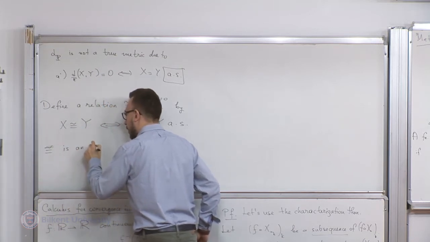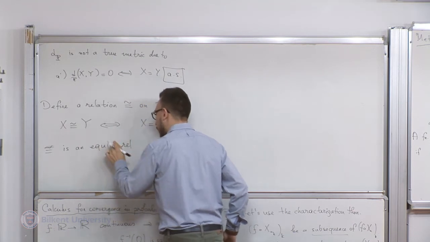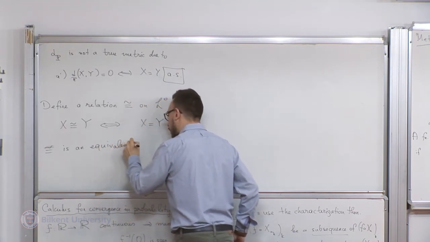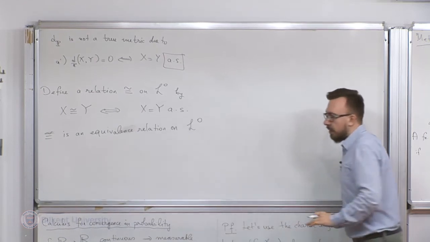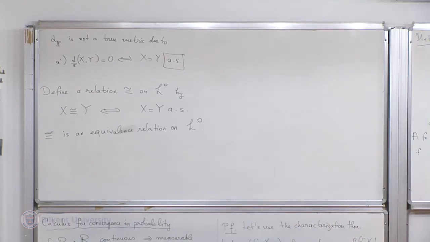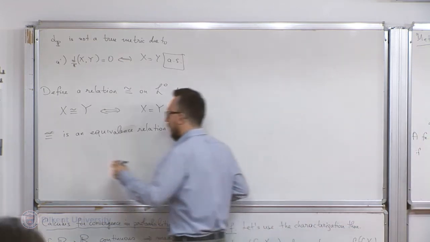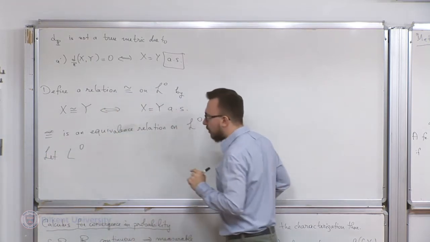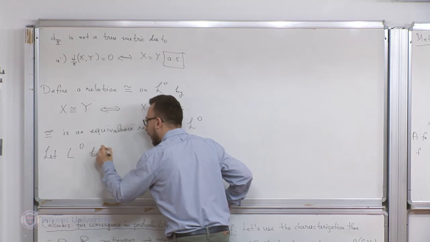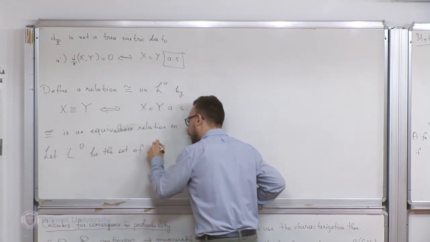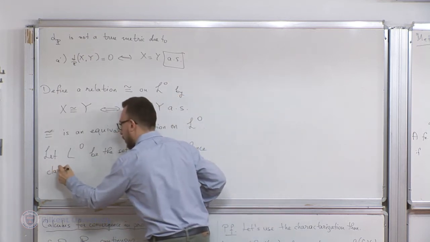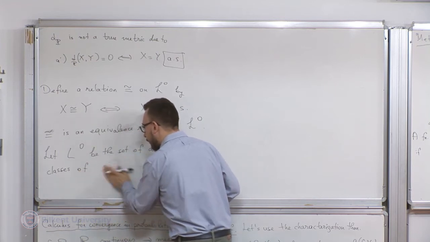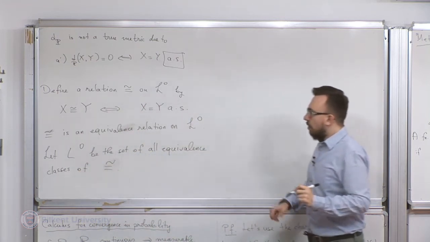Let me write it in full. Equivalence relation on L0. And the property of equivalence relations is that it partitions your world into equivalence classes. Okay? So let L0, without the script L, just the usual L, be the set of all equivalence classes of this equivalence relation.